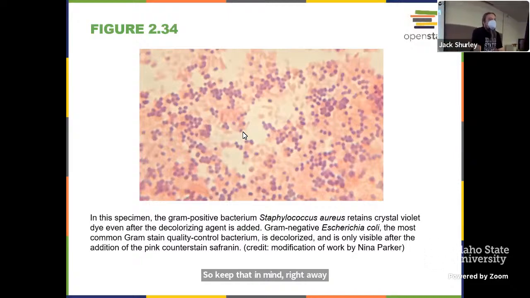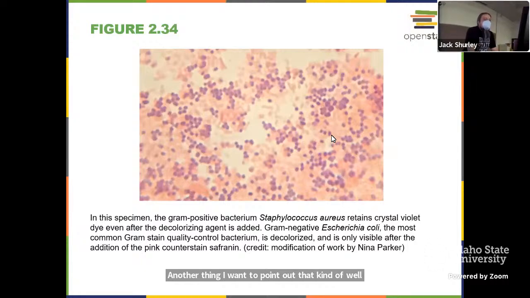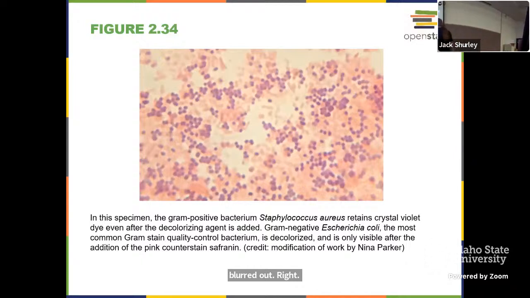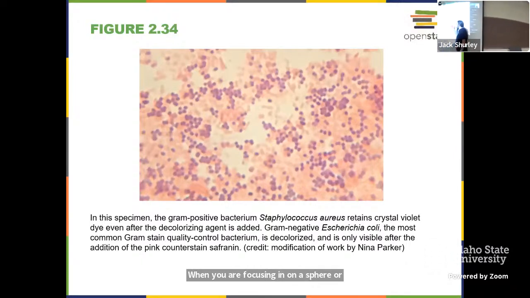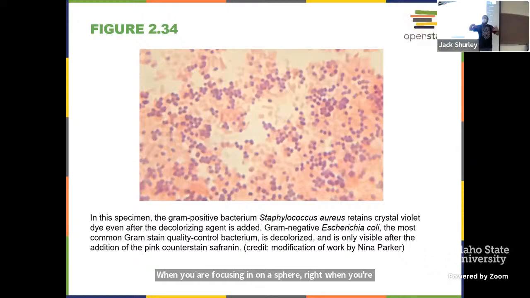Another thing I want to point out that, to me, makes sense why the pink guys are so blurred out, all right? When you are focusing in on a smear, when you're trying to see your stuff, you've got a pile of bacteria all over the place.